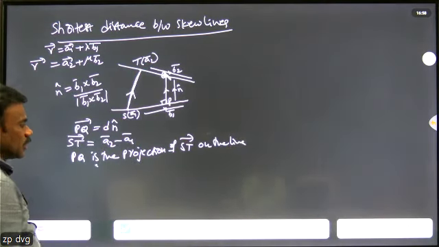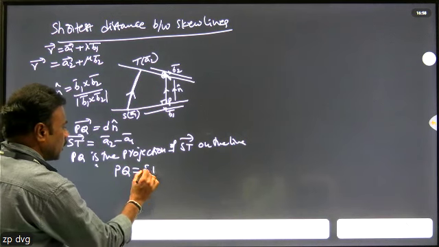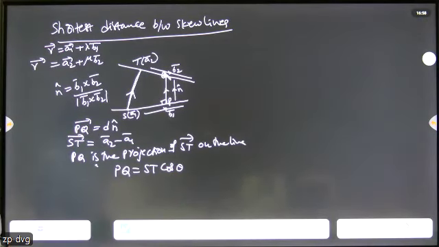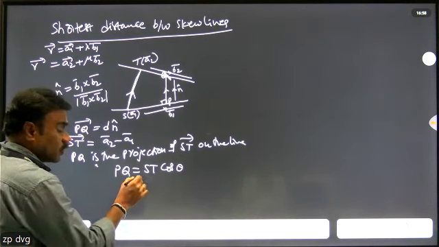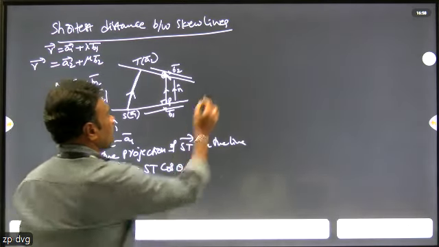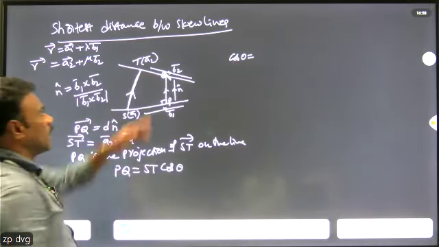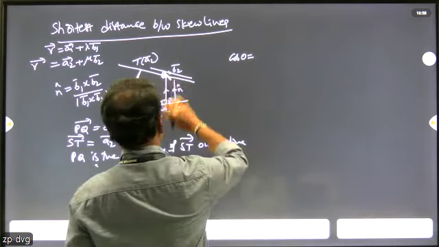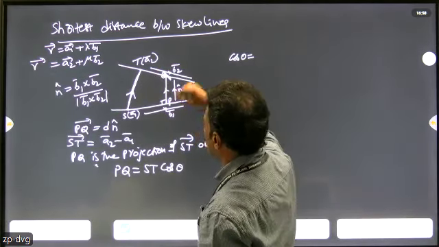So from the projection we know PQ is equal to ST into cos theta. PQ can be written as ST into cos theta, where ST is mod ST bar. What is cos theta? Cos theta is the angle between two vectors, ST bar and PQ bar.